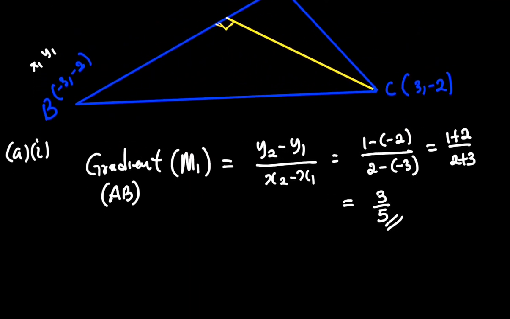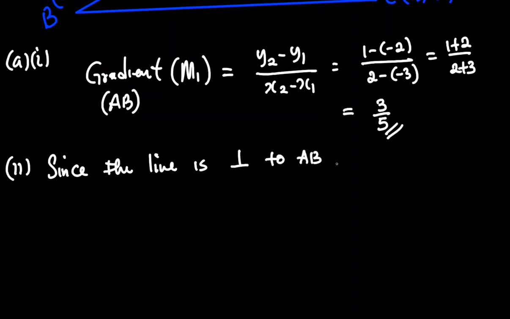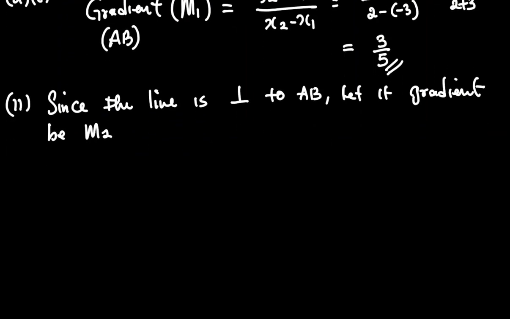Take it like this. Since the line is perpendicular to AB, let its gradient be M2. Hence M2 times M1 is equal to -1.